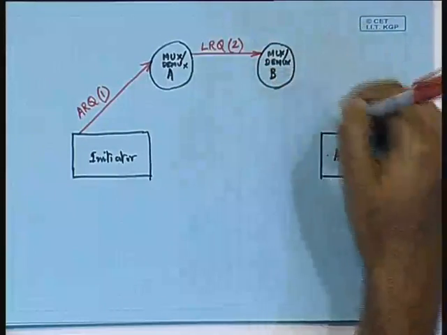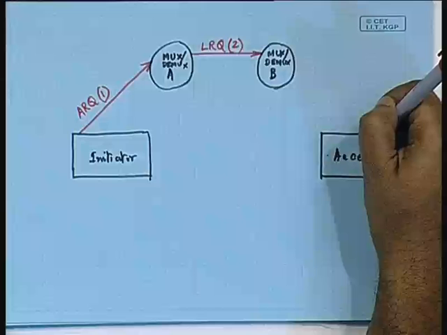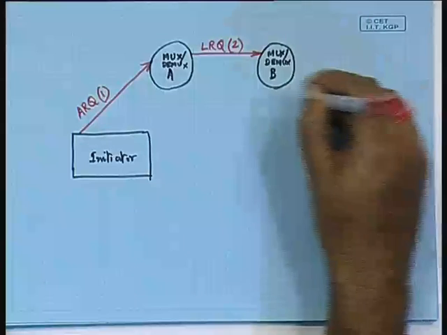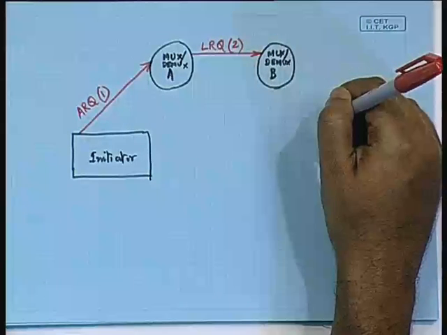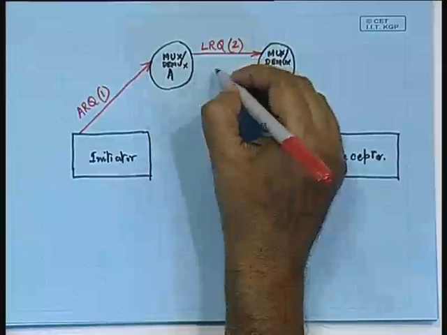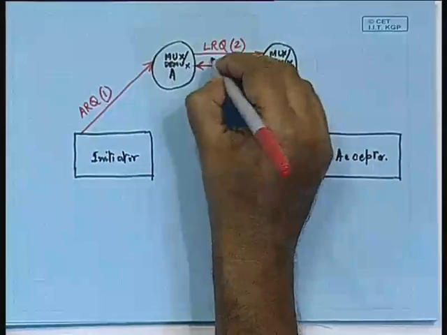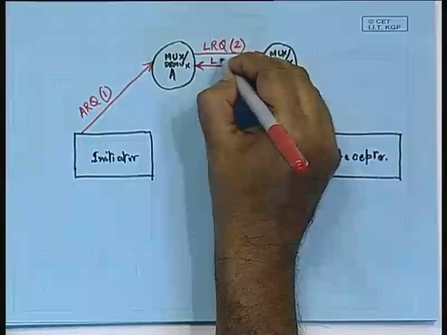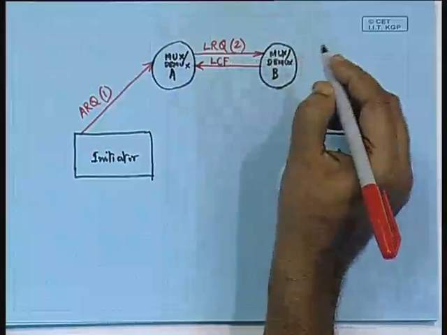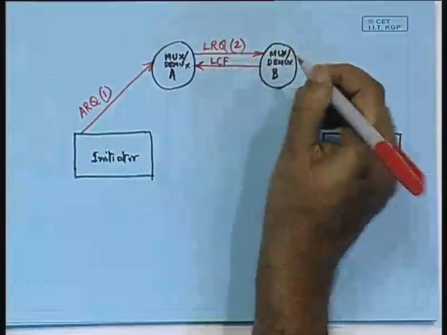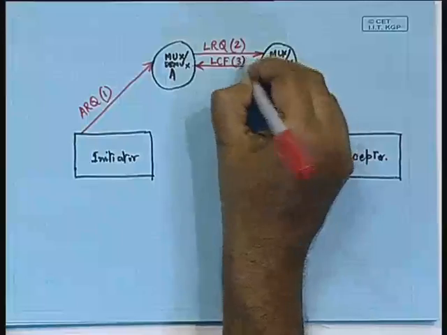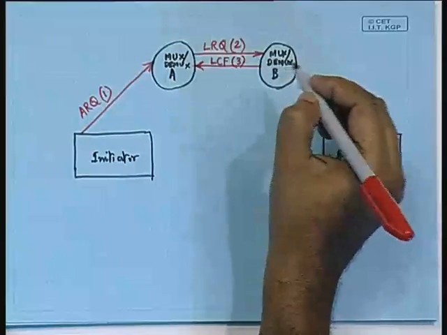So, supposing in this case B is connected to the acceptor, B will respond with a location confirmation. B now sends a signal called LCF, which stands for location confirmation, and this is step number 3.